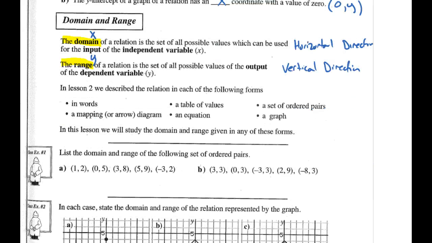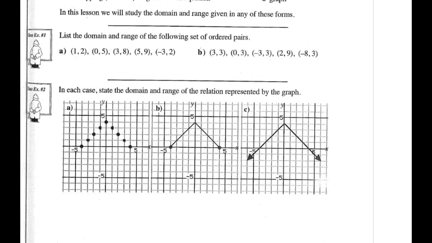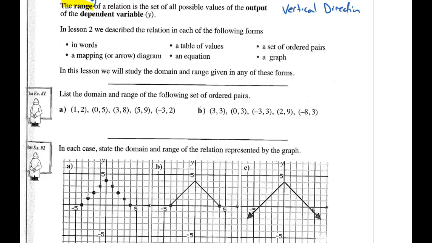Okay, let me come up with my own example here, and then before we jump into these ones down here. So let's say my graph, let me just draw my axes here. Okay, let's say my graph goes from here to here, and it stops there.